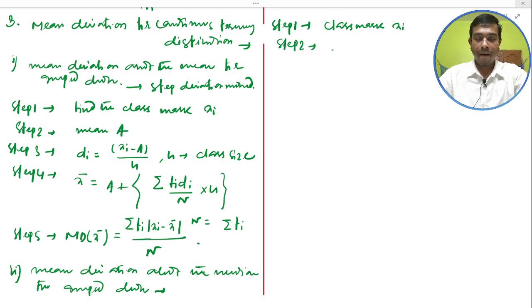Step 2: find N, which is the summation over fi.